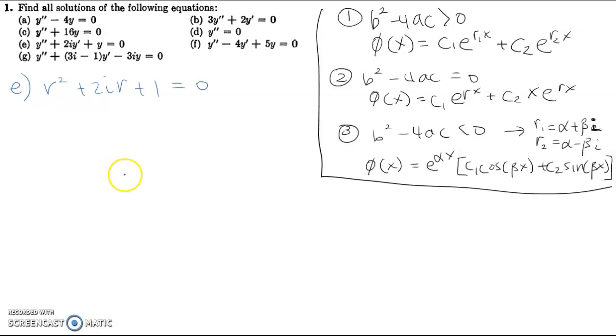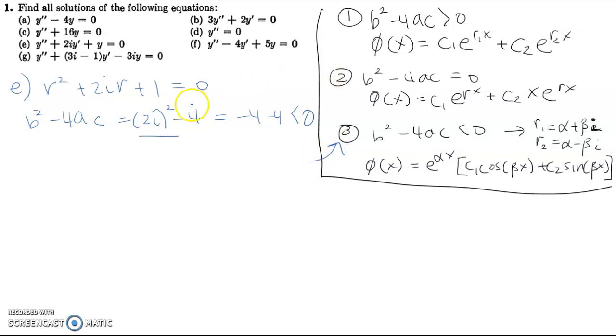This part, let's actually calculate b squared minus 4ac. So this is 2i squared minus 4 times 1 times 1. That is going to be negative 4 minus 4, which is going to give a negative value. So we know to expect the third category.